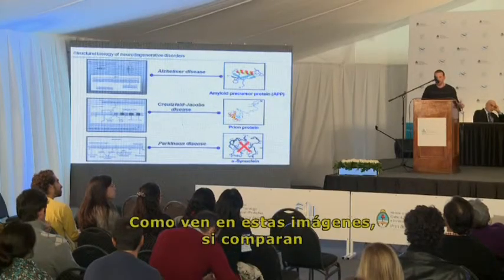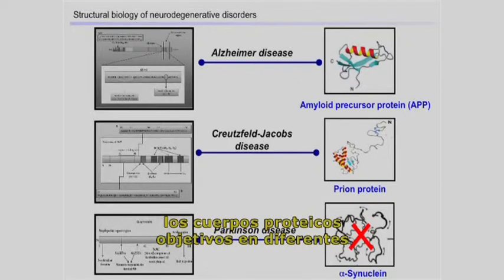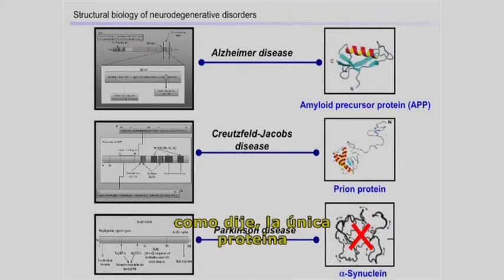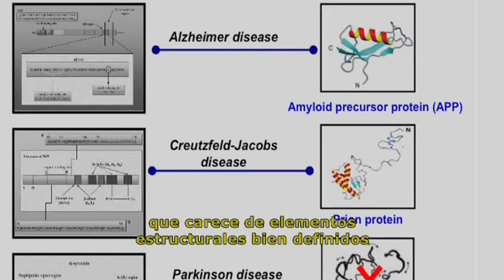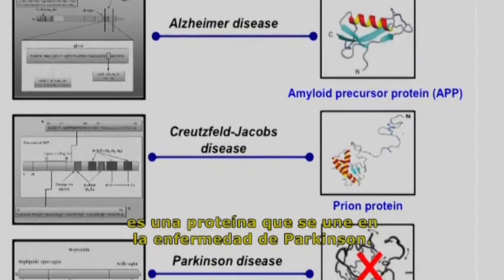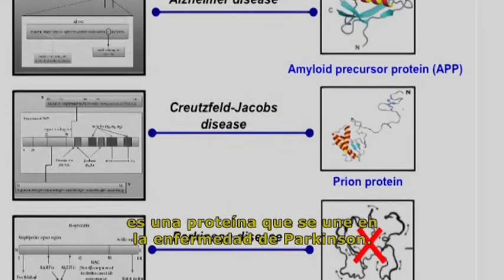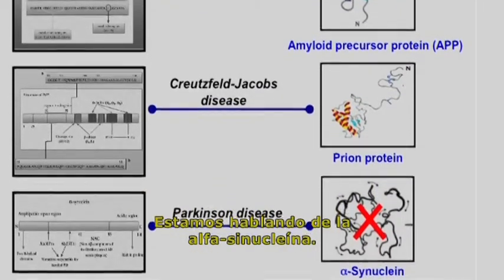As you can see in this slide, if you compare the target proteins involved in different neurodegeneration processes, as I mentioned, the only protein that lacks well-defined structural elements is the protein involved in Parkinson's disease, alpha-synuclein.